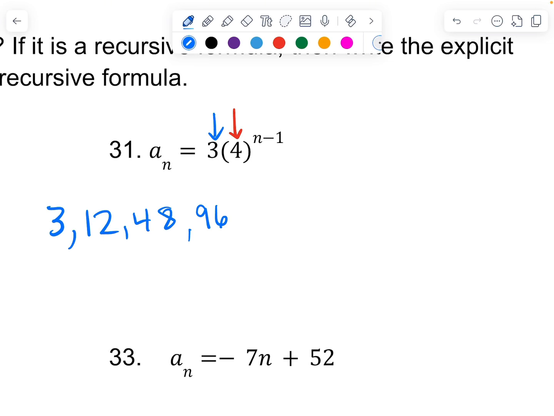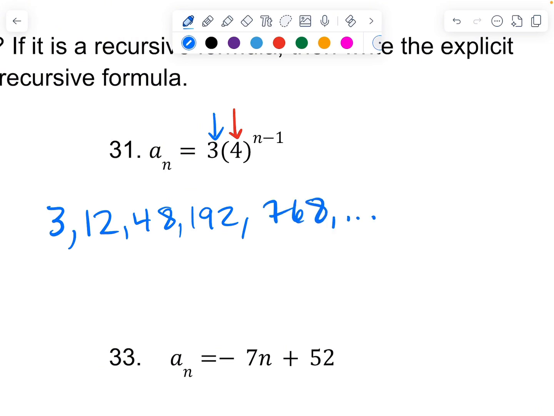I think the next one... Oh, that is not right. I times it by 2. 192. There we go. That looks better. And then times that by 4 and get 768.